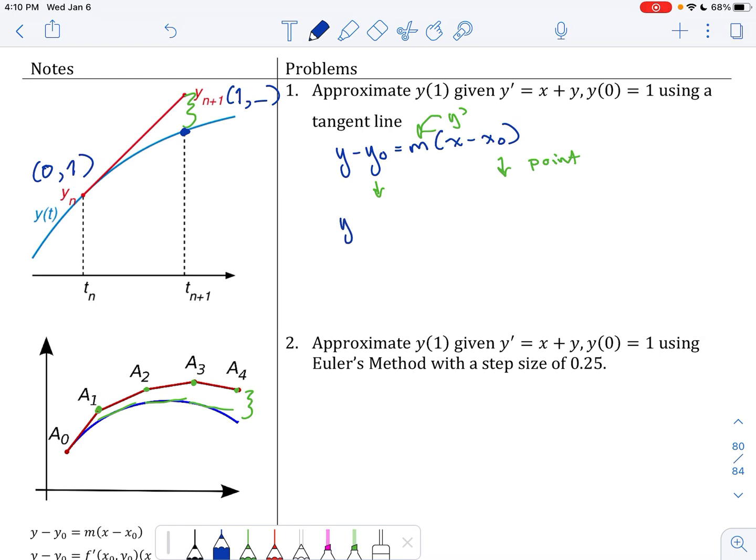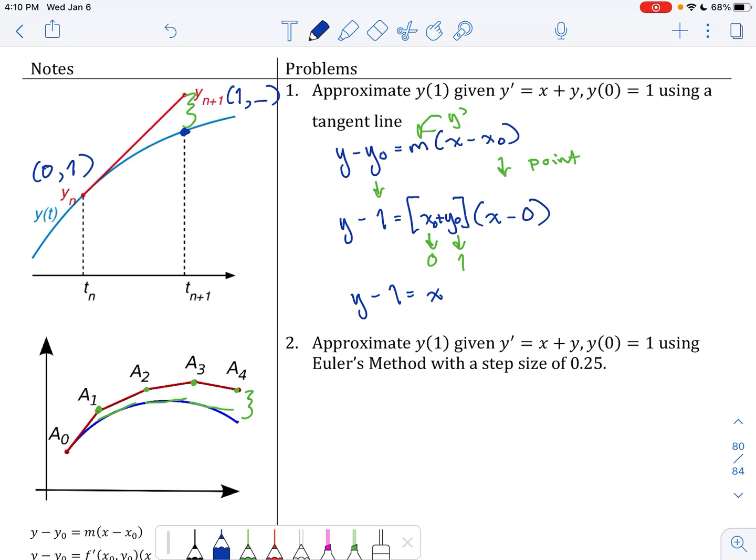So here we've got y minus 1 is equal to x plus y at the point, times x minus 0. Since we know x is 0 and y is 1, we get y minus 1 is equal to x. Now, that's our tangent line.